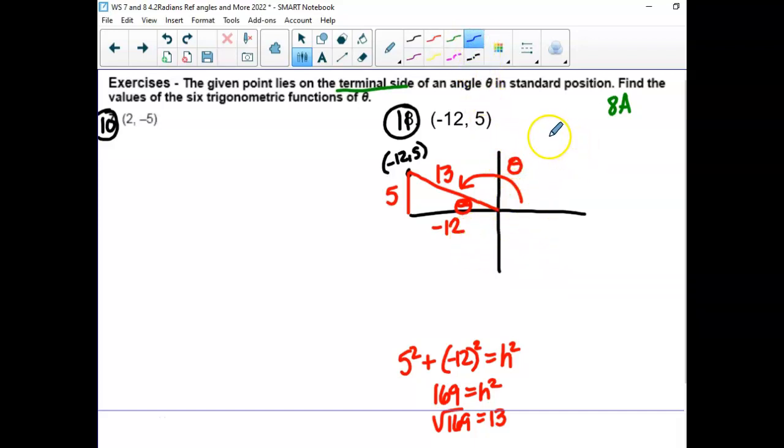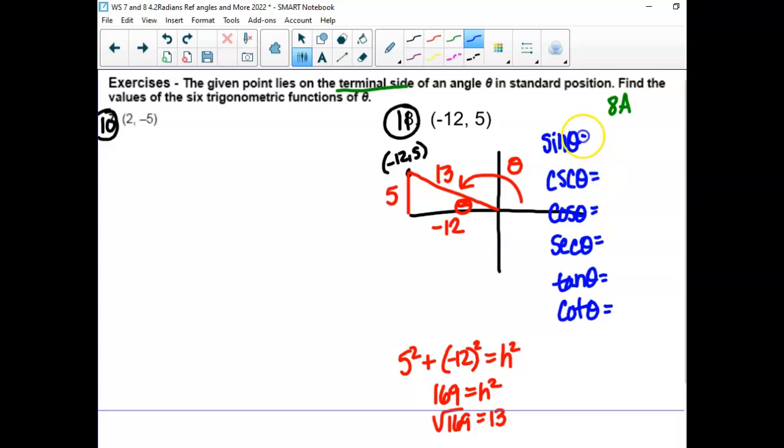All right, then we need to do all those silly sine of theta, cosecant of theta, cosine of theta, secant of theta, tangent of theta, and cotangent of theta.